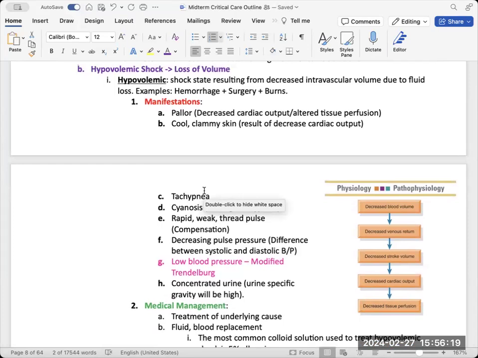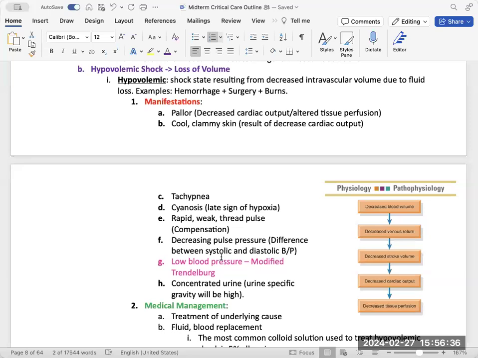So we're talking about pallor, that cool and clammy skin. We're talking about tachycardia with a rapid and thready pulse, right? A decreased blood pressure. They could potentially go into cyanosis, right? They'll have flattened JV, right?